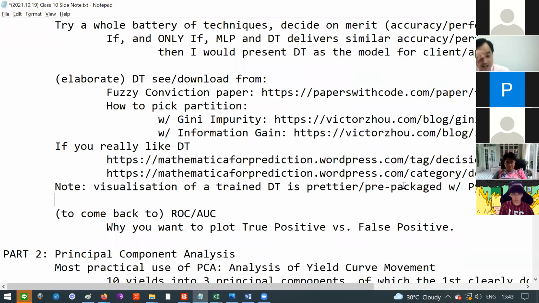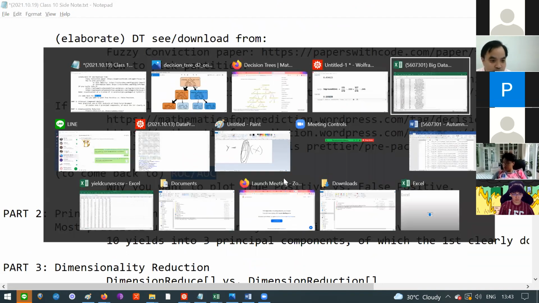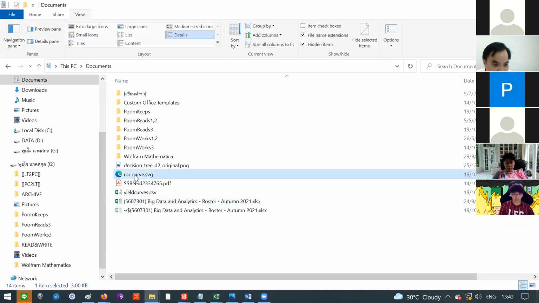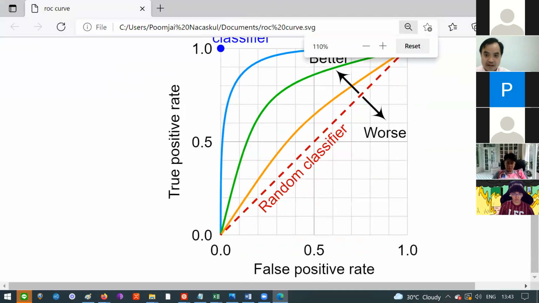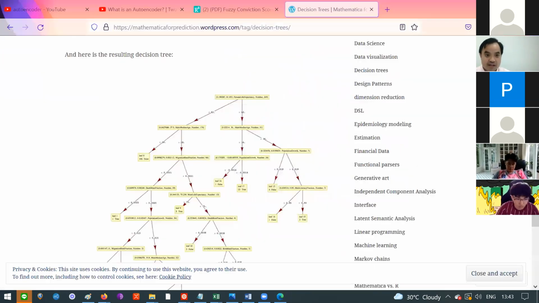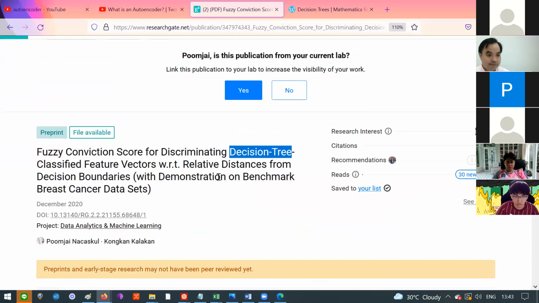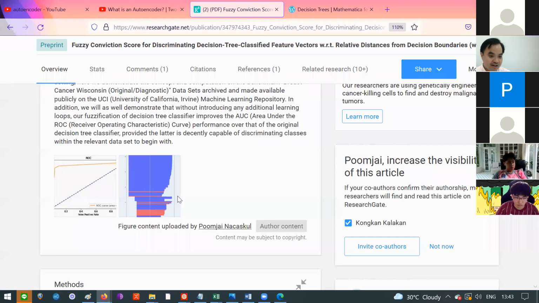So I want to go back a little bit, and I think I owe you from last time also, to look at ROC or AUC. Now that one can be summarized by just looking at the picture. In the paper here, I also use this ROC picture.